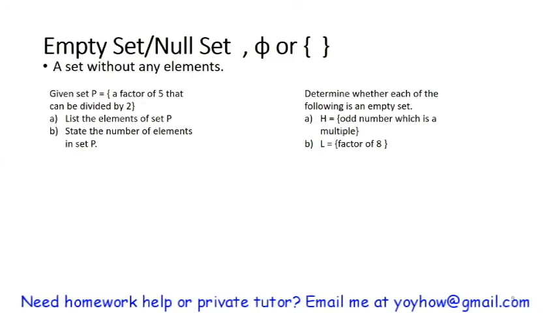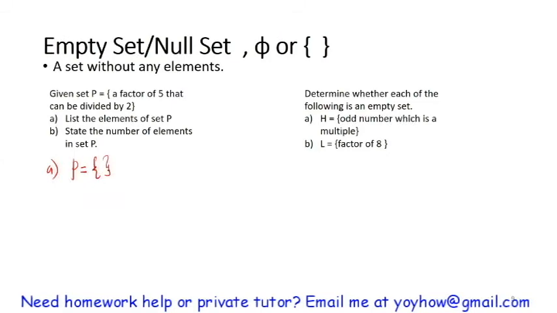So given set P is a factor of 5 that can be divided by 2. At least the elements of set P. So class, is there any factor of 5 that can be divided by 2? None, right? So P is actually an empty set.